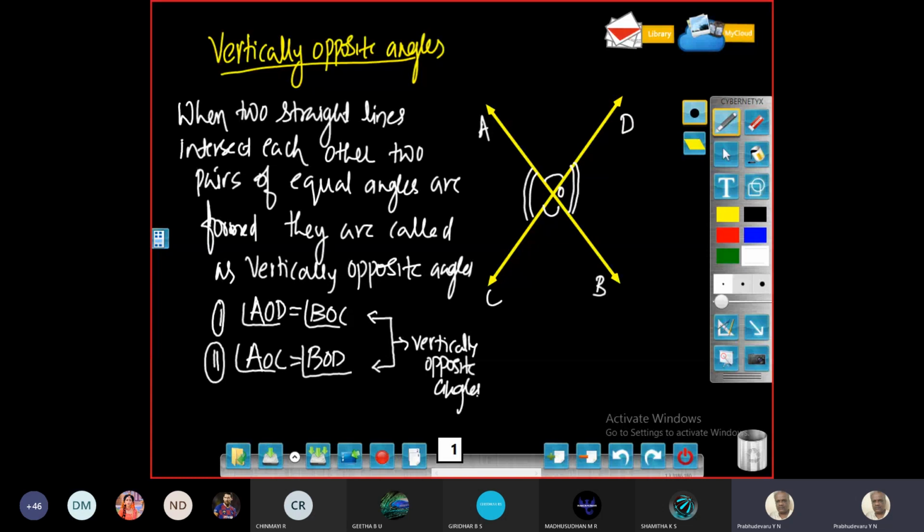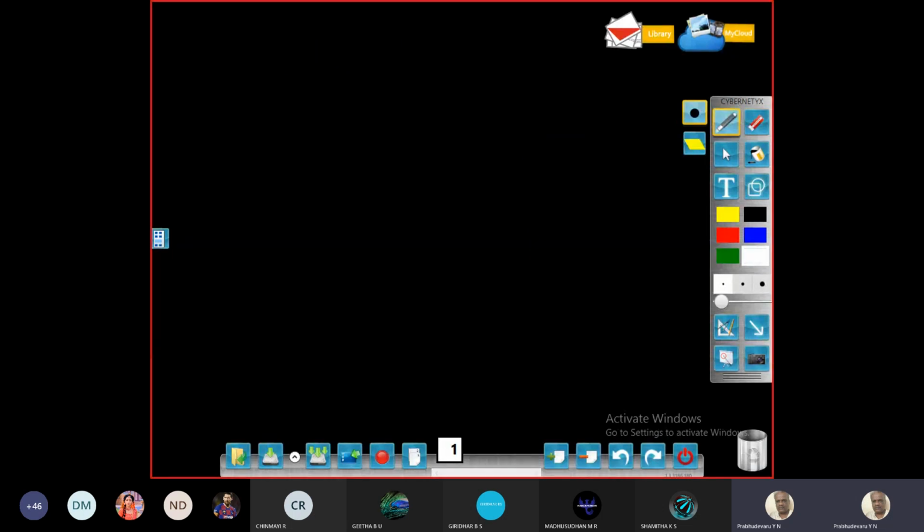So now after this, let us see some of the lines on the plane. If you take two lines on the plane, what types of lines will you get? We get only two types of lines. One is called intersecting lines, and the other one is non-intersecting lines.